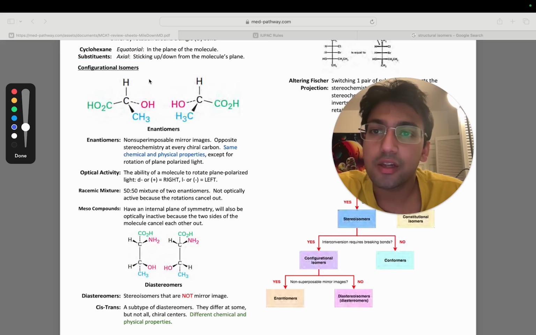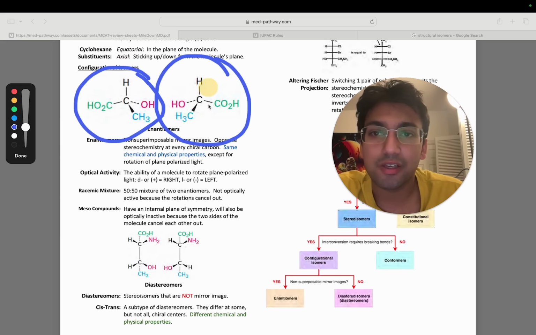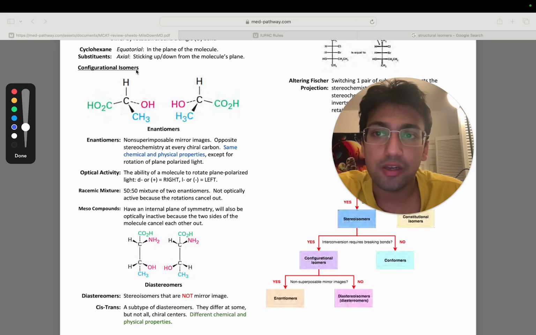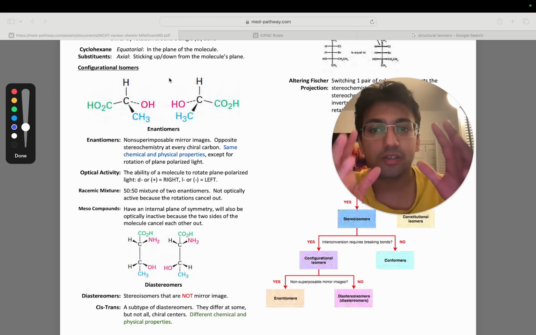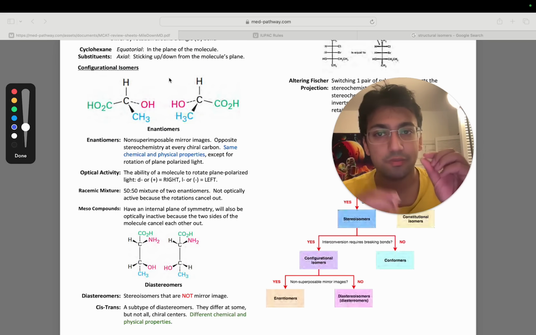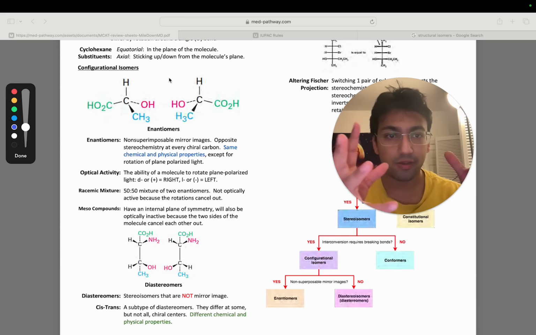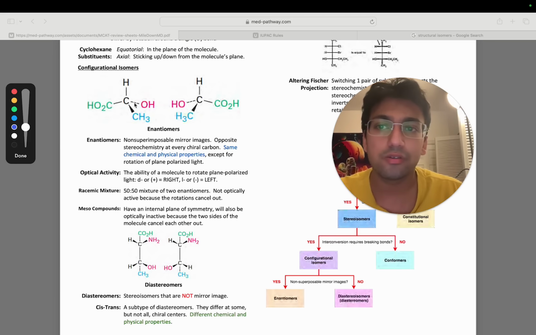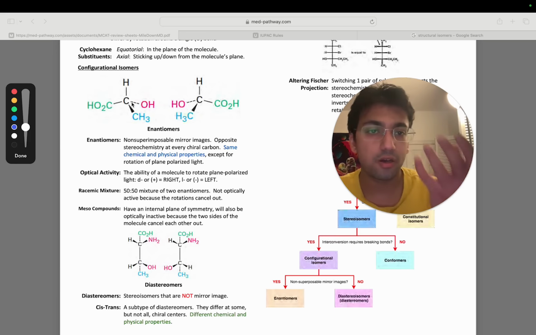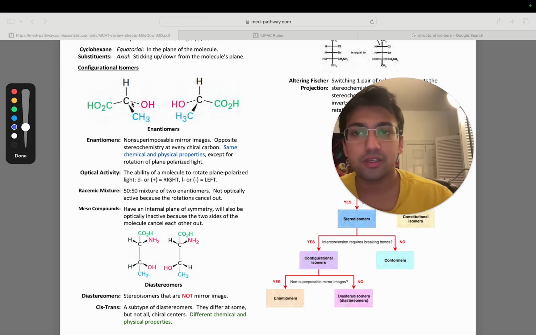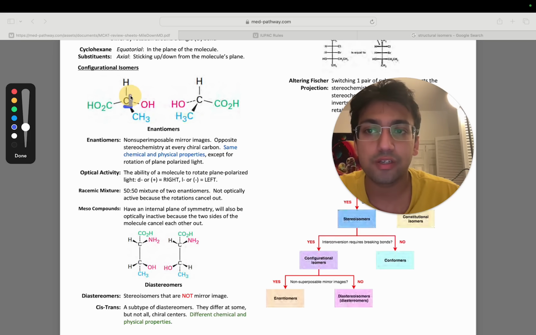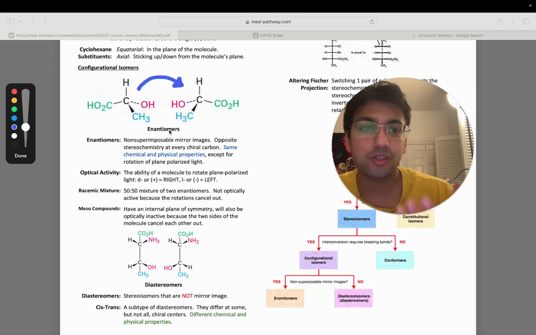So you can think that this compound is basically the same thing as this, right? But they're actually isomers. And why are they isomers? Because if you made this compound and blew it up so that it was right in front of you, and then tried to rotate the bonds around this chiral center, around this carbon over here, so that this would look like this, you would find that you actually couldn't.